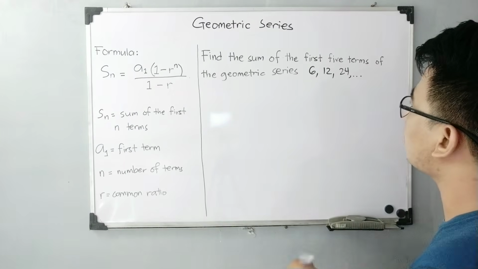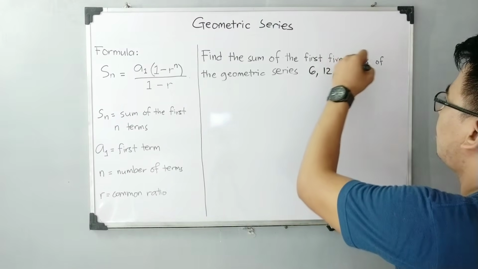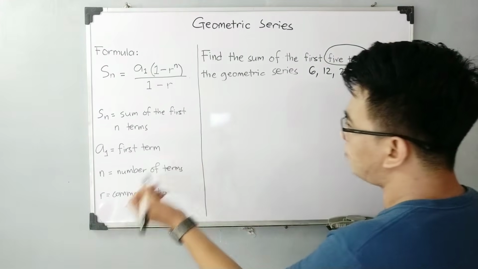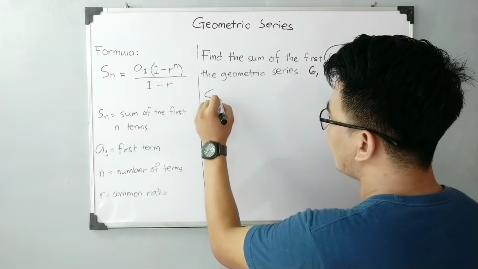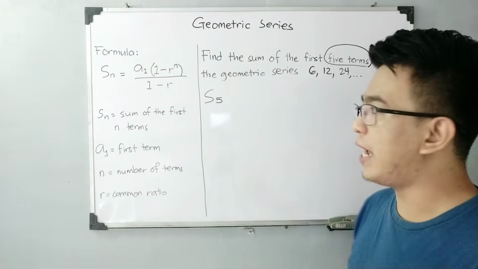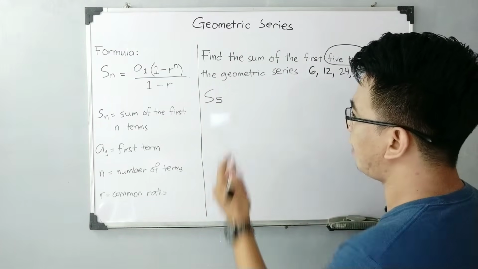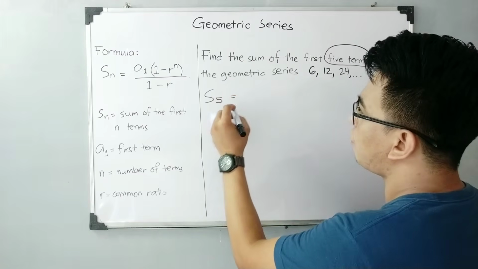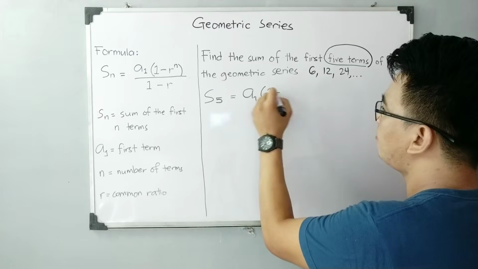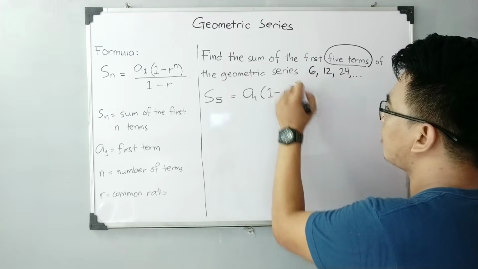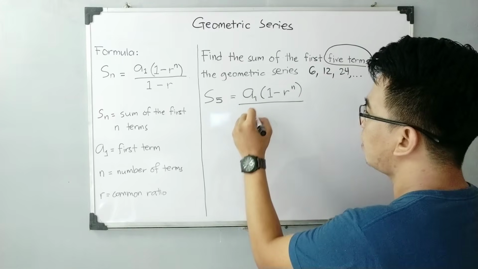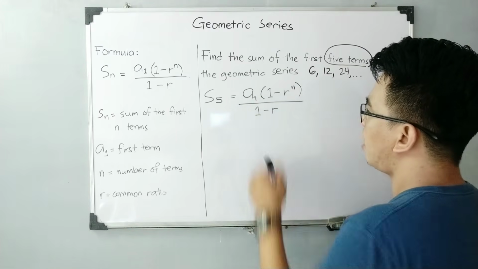So we are asked for the first 5 terms. Meaning, we're bound to solve for S sub 5. Again, we need to find S sub 5. So here, we will use the formula a sub 1 times 1 minus r raised to n over 1 minus r.